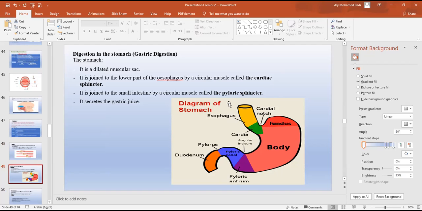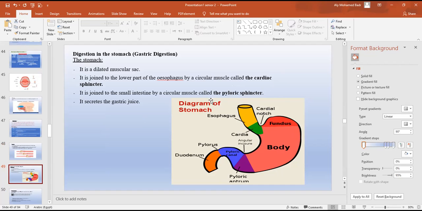The food enters from the esophagus to the stomach by help of a sphincter muscle, a muscle that opens and closes, a narrow joint.